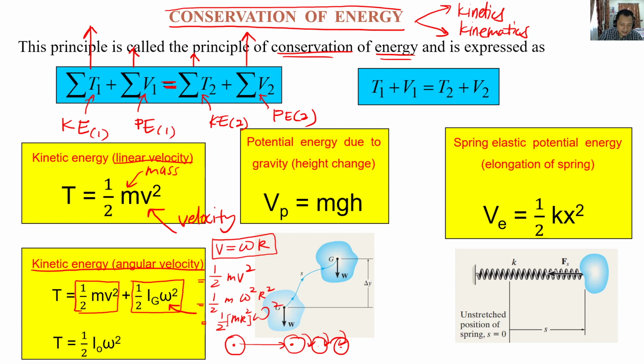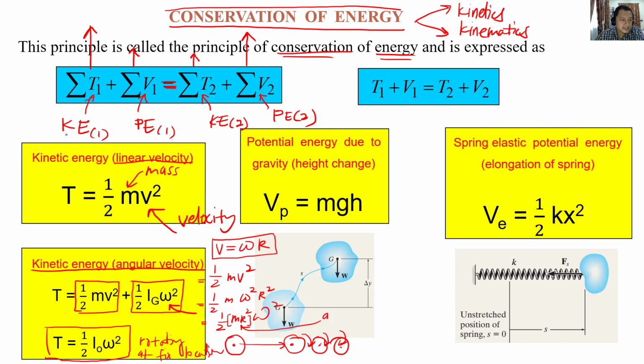Mr squared is something called the angular moment of inertia. Don't worry, we will learn this later on. So if the body is just rotating, we use this one. This is for a rotating body, rotating at a fixed location, just rotating about a particular axis.